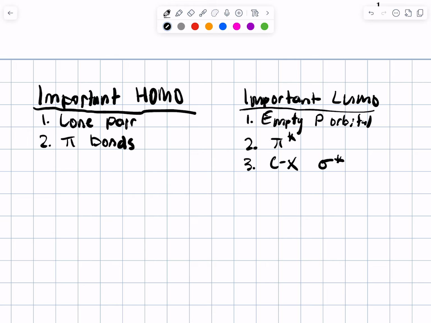So if a sigma bond is weak, that means the sigma star is correspondingly low in energy. So understand you're looking for a reactive part of the molecule, and most sigma stars are not low in energy. Carbon bonds are generally not weak. Carbon-hydrogen bonds are generally not weak. But you'll start to recognize a ton of bonds that are weak. Many of these involve carbon-chlorine, carbon-bromine in the first part of the course, but you'll see others.